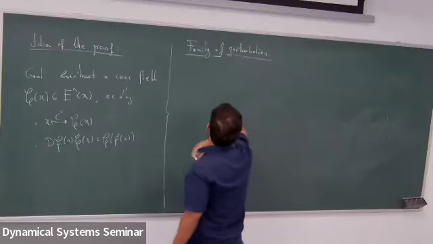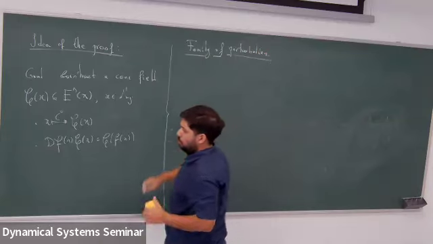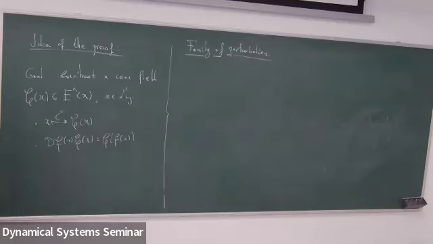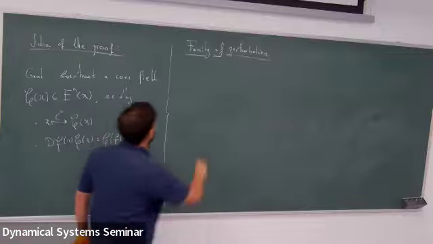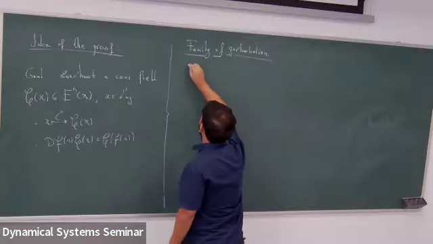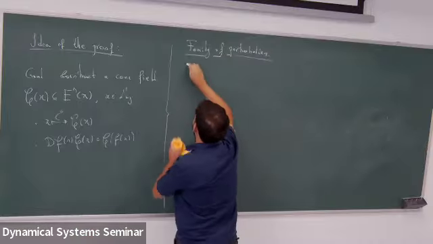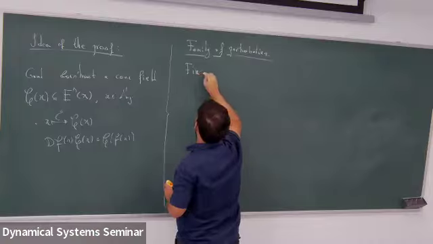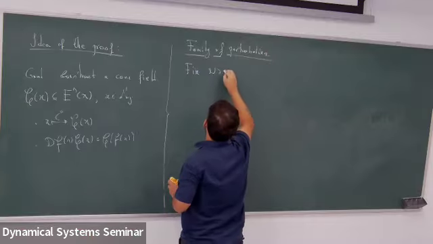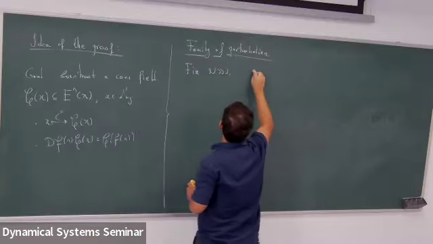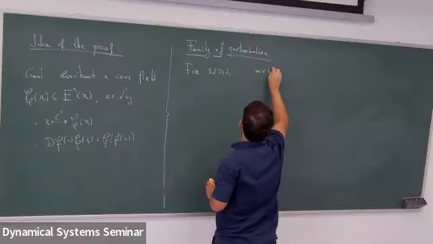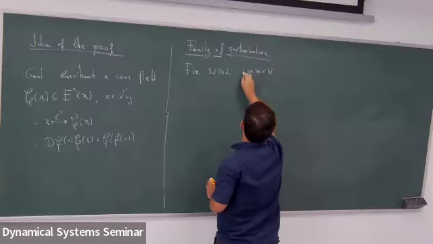So what do I do? I have my set of cylinders of a specific size, let's say n. So for each b, fix n much bigger than 1, and m is smaller than n, but it's still much bigger than 1.